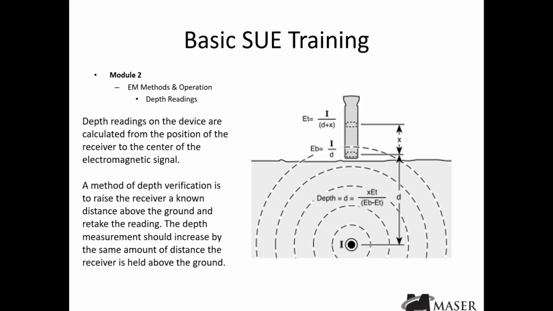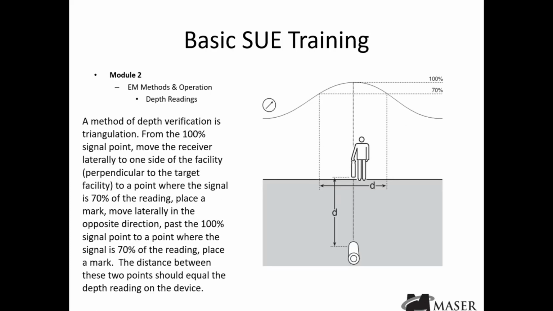We utilize this depth again to help us not only figure out whether or not we're on the correct target facility, or whether or not we have a round or correct signal. Separately, we can also use the receiver to compare some information to verify whether or not our depths are accurate, and again, whether or not we have a properly round signal.